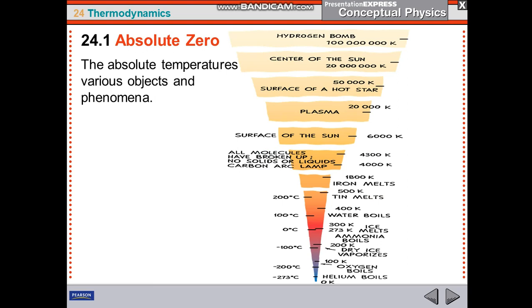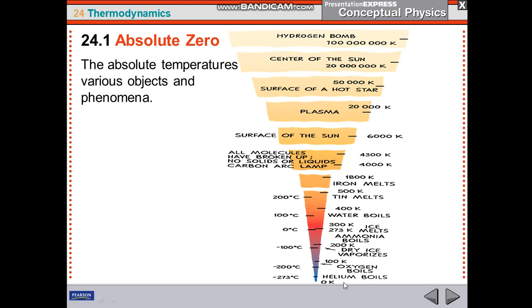Look at this figure. You can see the difference in temperatures of different substances, or you can say different objects. At the bottom you can see 0 Kelvin, that is minus 273 degrees Celsius. Actually helium boils at minus 273 degrees Celsius. 0 Kelvin is a little bit lower than that, exactly minus 273.15.